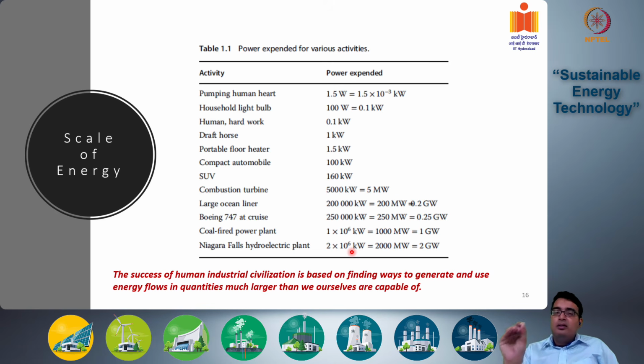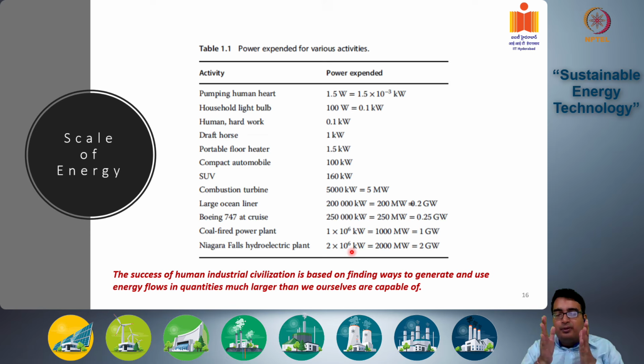And this is the key that undergirds our current industrial civilization. Because we have developed technologies by which we can generate usable energy at such high volumes, and also technology that can consume energy at such high volumes, we can create sophisticated devices like cars, like trucks, like your power plants, etc., that undergird our industrial civilization.